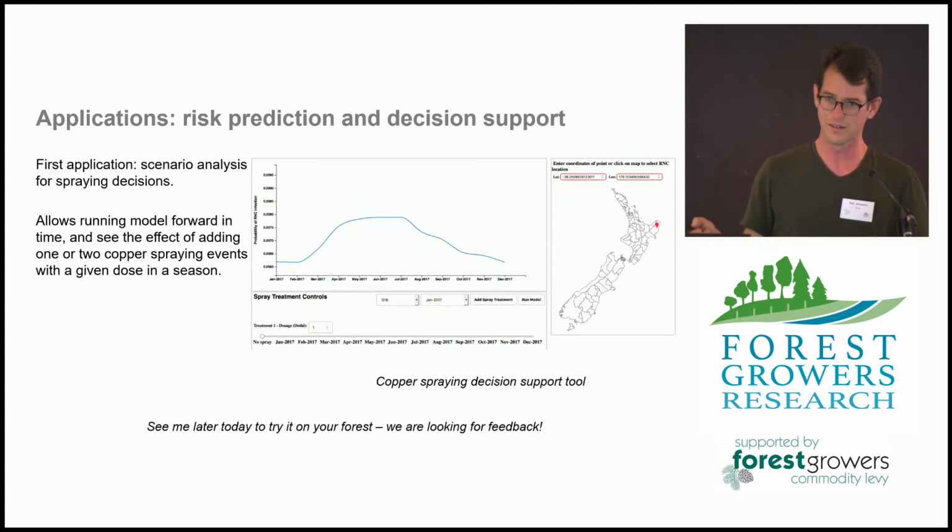You can pick a date, you can pick a genotype, you can pick a location from a map, or just enter your coordinates. You just go to Google Maps and figure out where your forest is. You put that in, and then you can run the model, and it will predict forward 1 year in time. And it just gives you on the vertical axis the probability that red needle cast is actually going to happen.